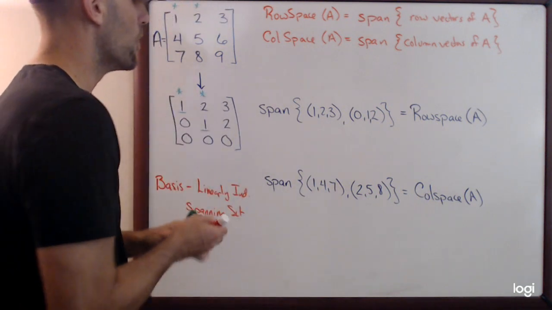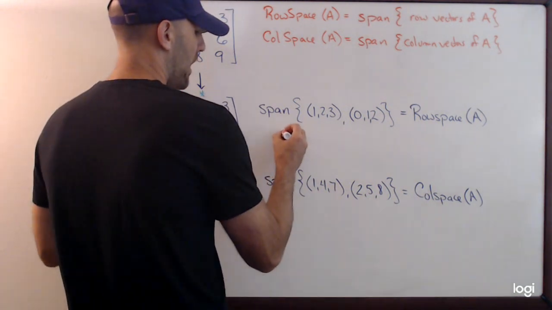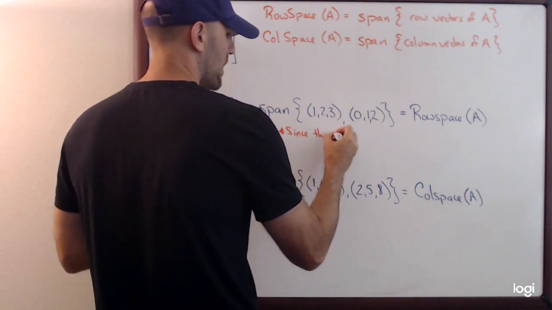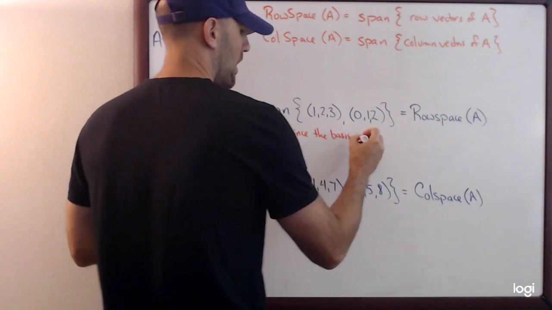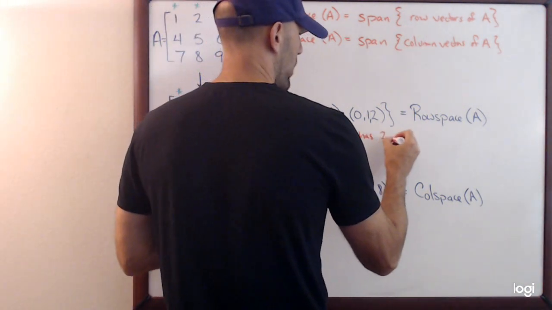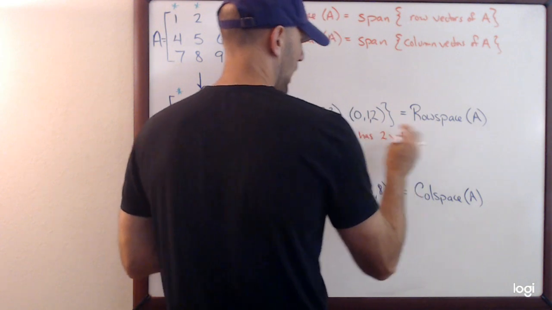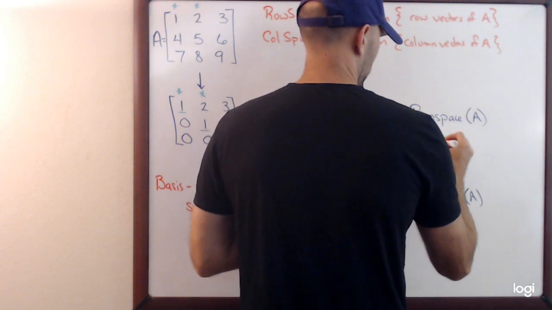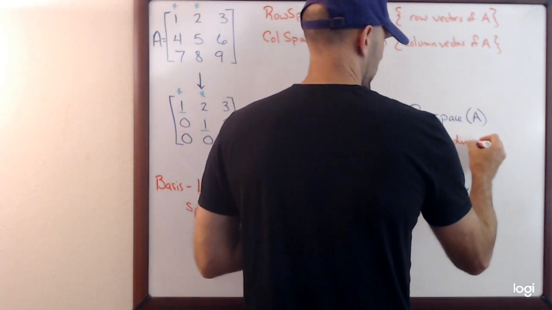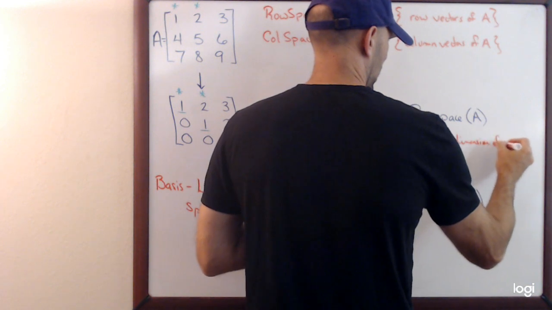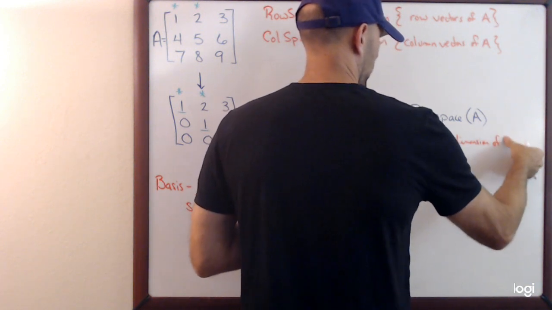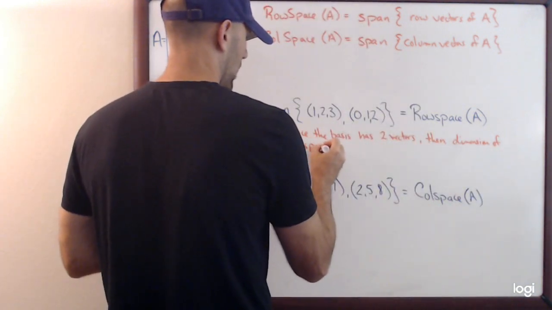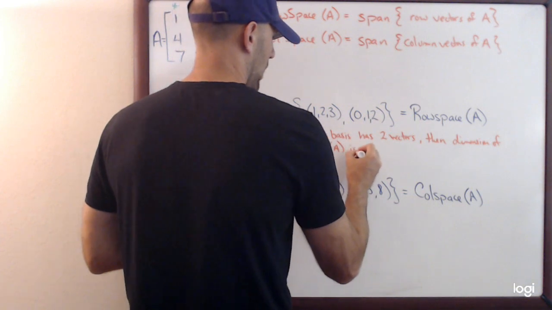So, writing that out, I can say, since the basis has two vectors, 1, 2, then the dimension of the row space of A is 2.